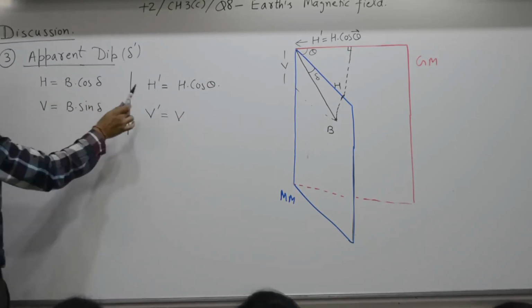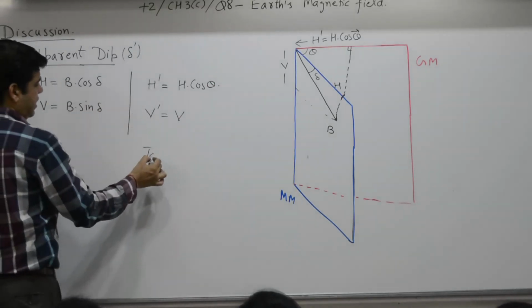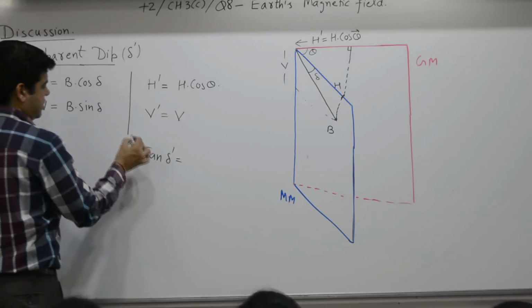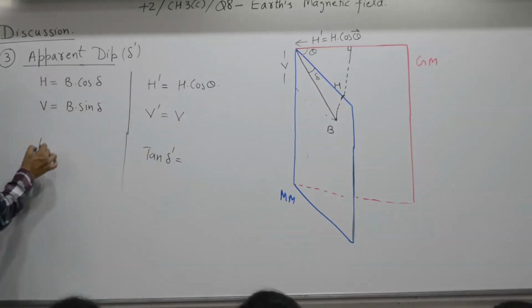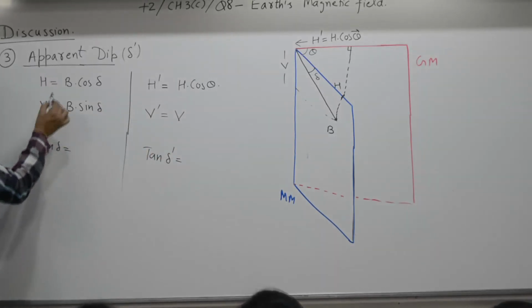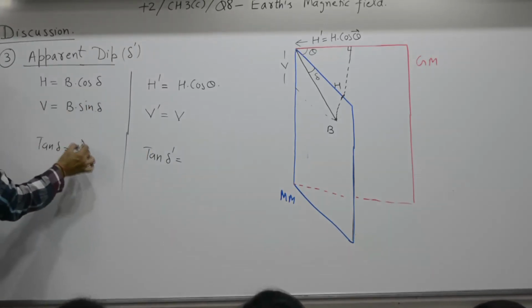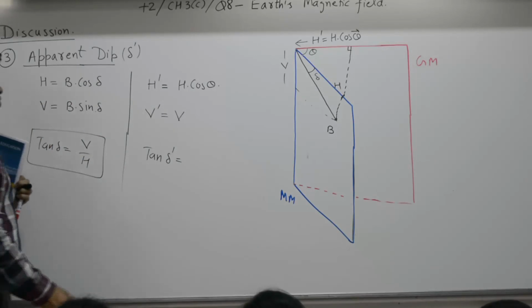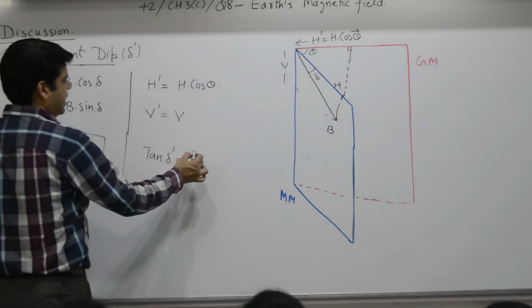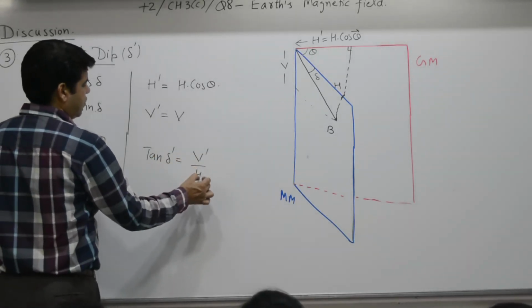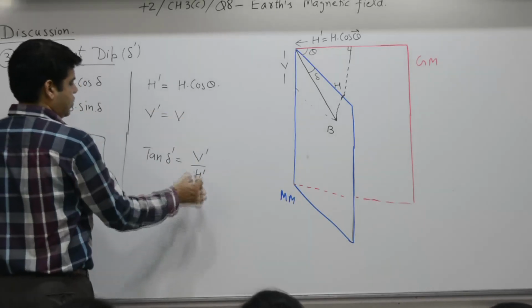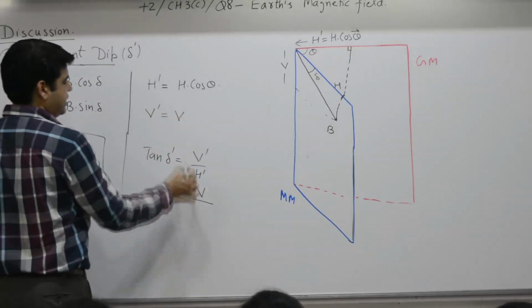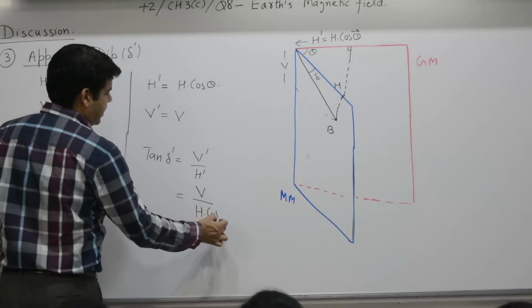In this case, dip is what? Delta. In this case, dip is what? Tangent delta dash is equal to what? What is tangent delta equal to? V by H. Tangent delta dash is equal to V dash over H dash. V dash is equal to what? V. H dash is equal to what? H cos theta.